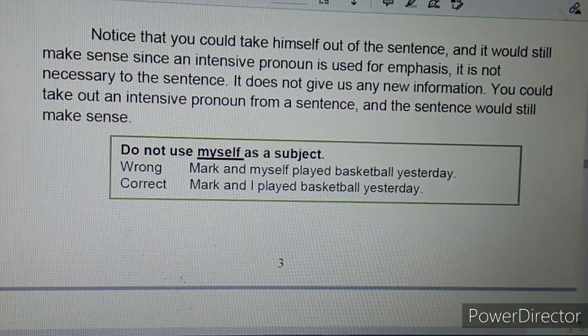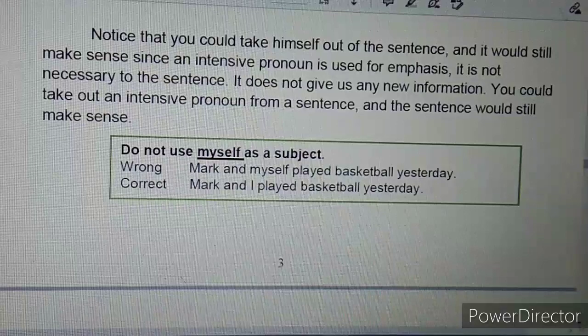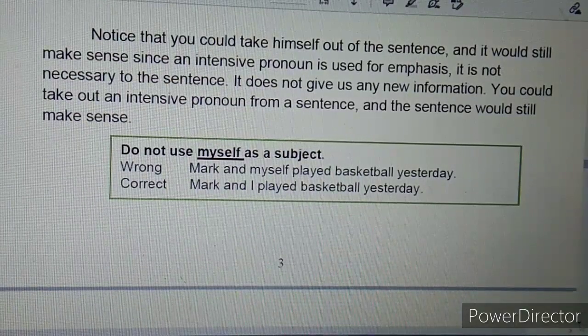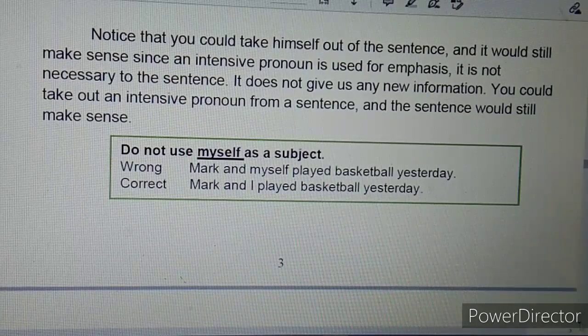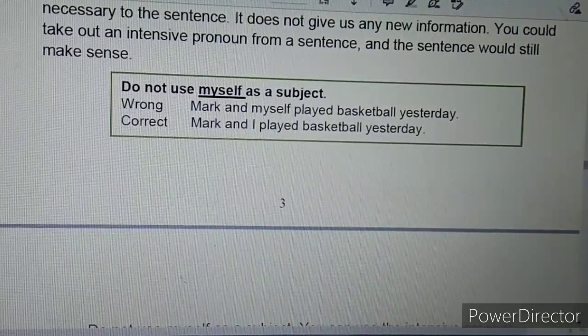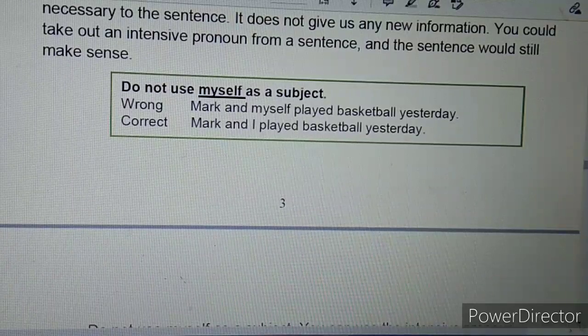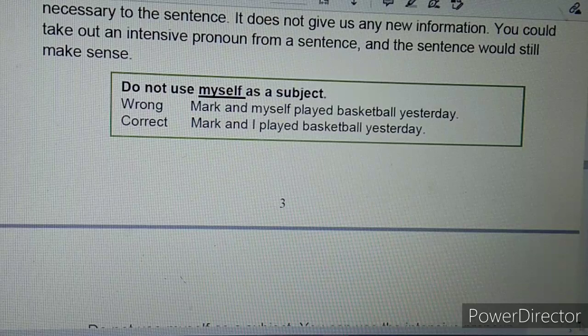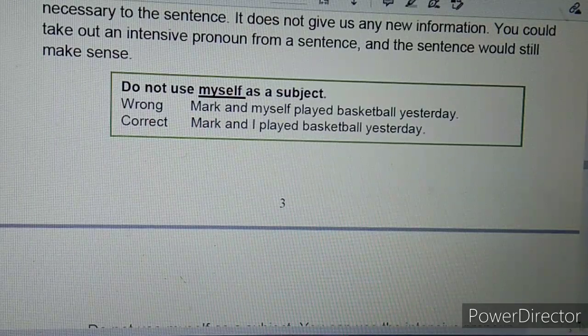Unlike the reflexive pronoun, which is very important in the sentence, the intensive pronoun is not so important. It just only gives emphasis to the sentence. Here is a situation. Do not use myself as a subject. It is wrong to say, Mark and myself played basketball yesterday.